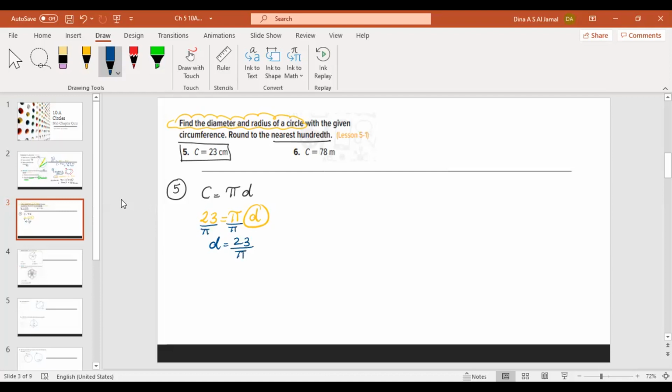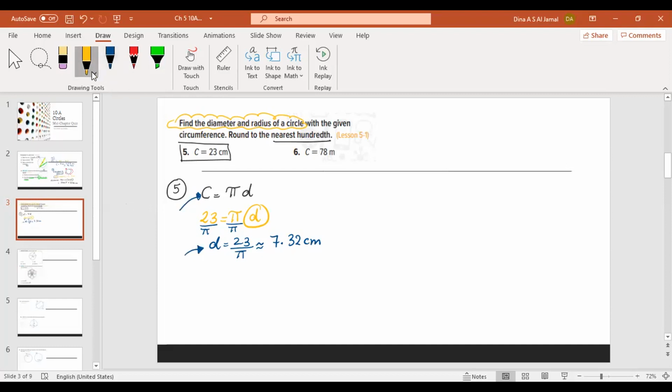Good. Now, if you would like to keep it as it is, that means you will not be able to round. So use your calculator and try to round. So it will be 7.32 centimeters. Now, your radius has a relationship with the circumference and with the diameter. So you have two ways to solve this.